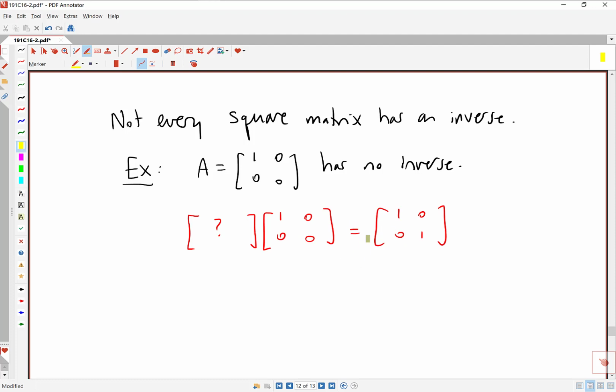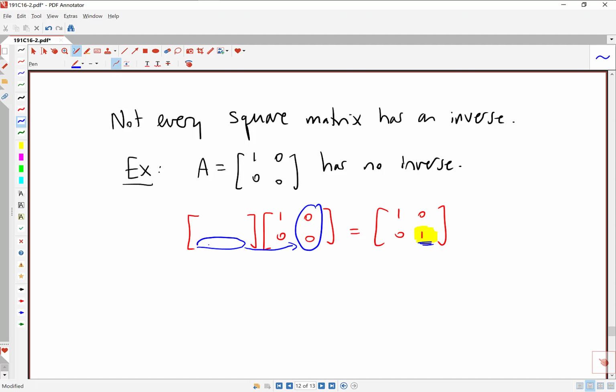Where the problem lies is in this bottom right-hand corner. So let's think about how we would build this 1 here that we've got highlighted. Well, that would come from taking the bottom row of this mystery matrix and doing a dot product with this column here. So doing the dot product there is what would generate this 1.